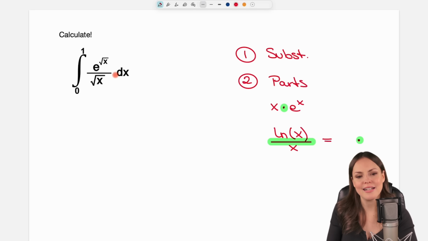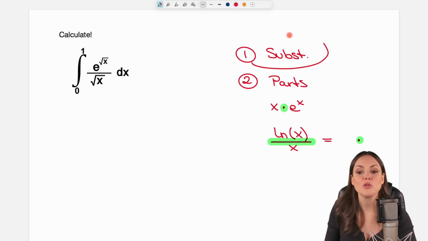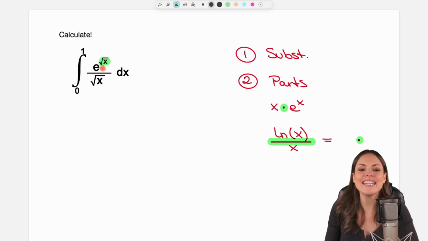So the fraction itself doesn't tell us a whole lot, but substitution is usually used if you have a function inside another function. Here we have the square root of x inside our exponential function.